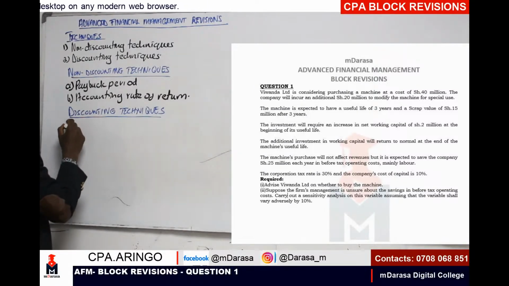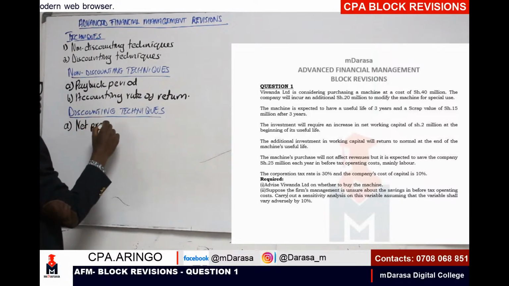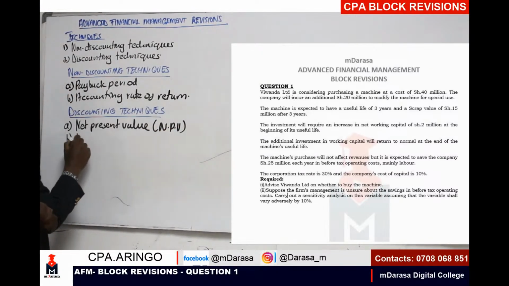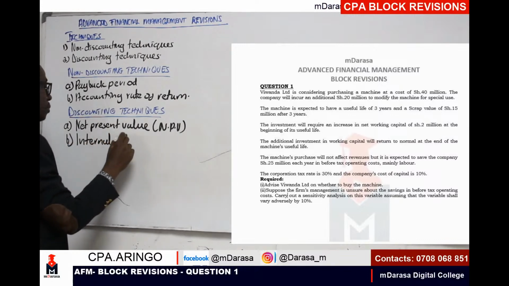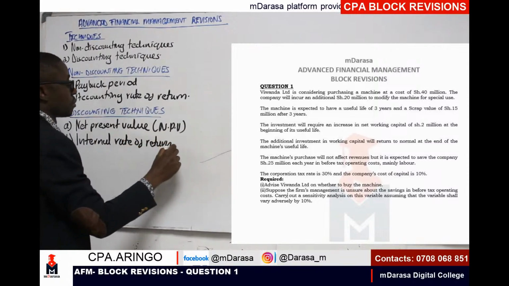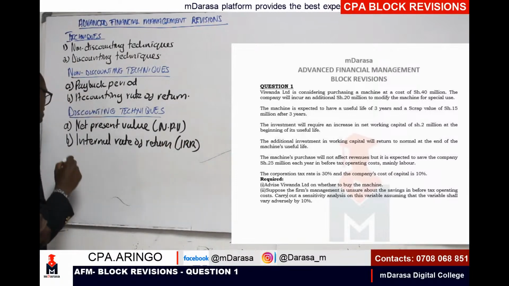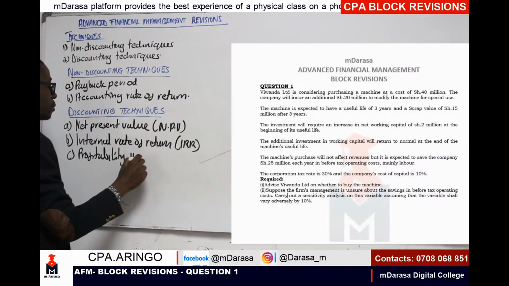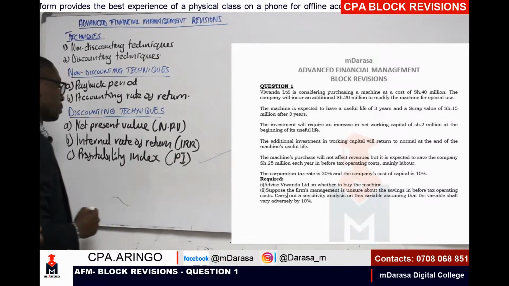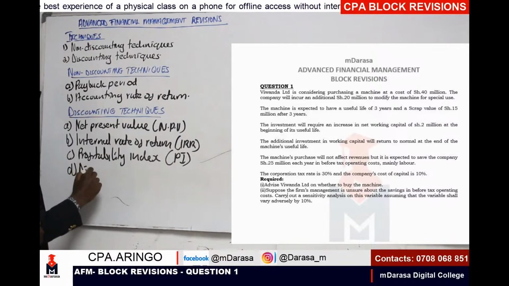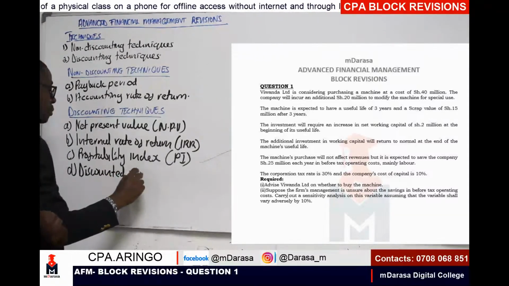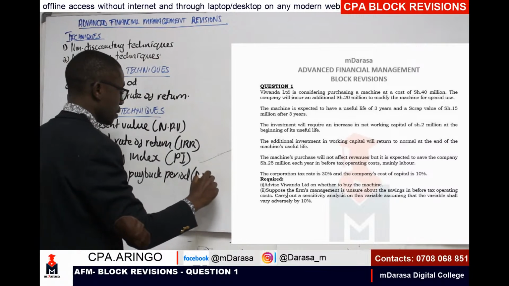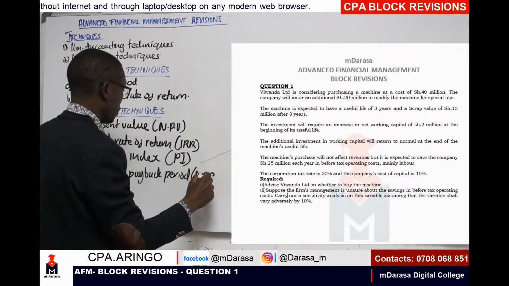That is, number one, net present value, commonly known as NPV, internal rate of return, IRR, profitability index, PI, and discounted payback period.